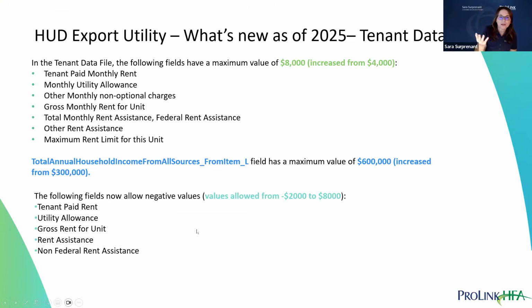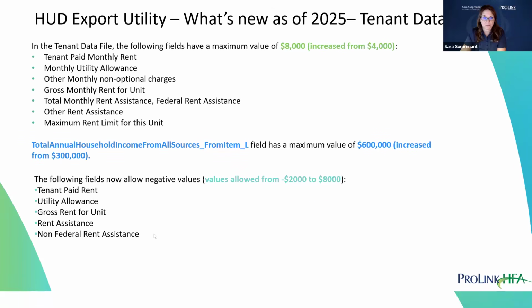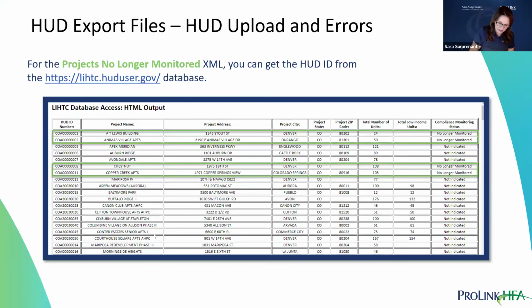And then total annual household income from all sources has a maximum value of 600,000 to 300,000. And we also had some items that now would allow negative values for whatever reason. So these were changes that HUD made, sent out to us last year, and our product team resolved those for the import. So here's where we talk about after you have generated your file.